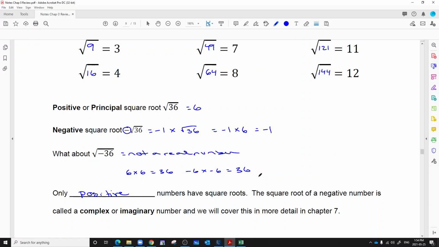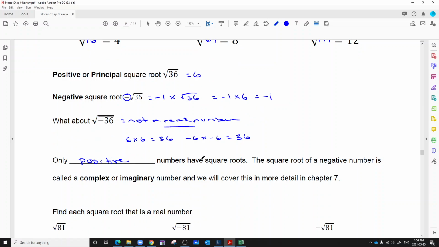In other words, you can only times something by itself and get a positive number because you have an even number of negative signs or you're multiplying all positives together. So the square root of a negative number is called complex or imaginary, or you could say it's not a real number. We will cover this in a bit more detail in Chapter 7, but really, if you want to learn more about imaginary numbers and their use, you should go on and take Math 60.